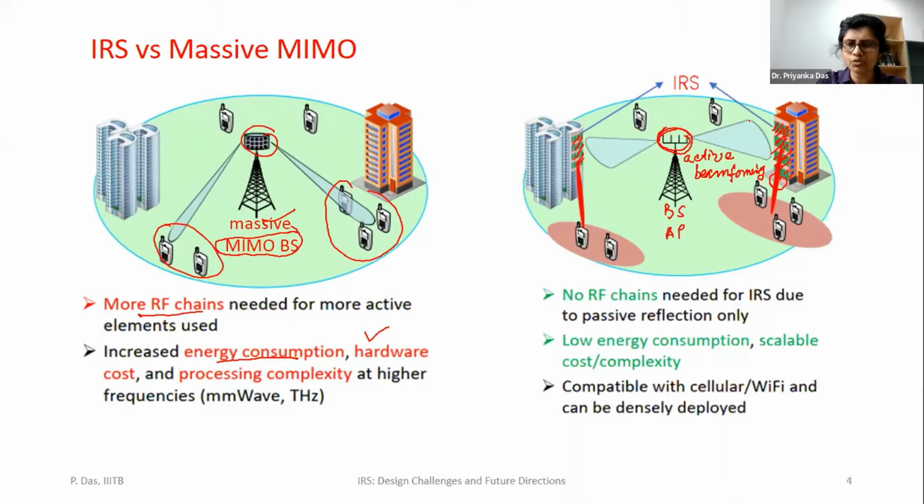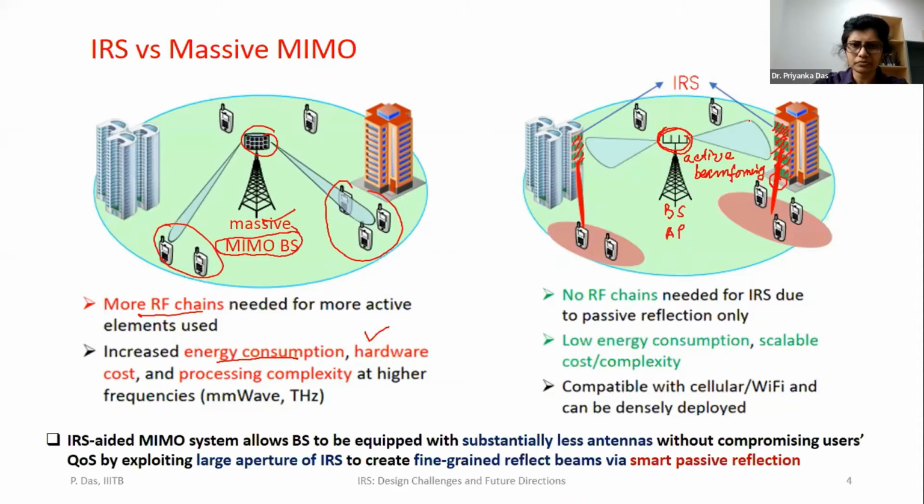And you want to reduce the number of RF chains used for this network. So guys, that's the advantage of IRS. Now, this is theoretical. How do you prove IRS will give you this benefit? How do you compare the schemes? That's what we are going to study.